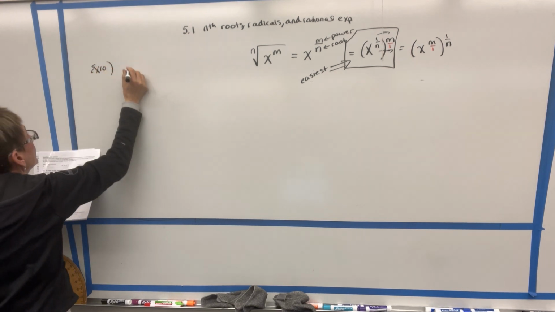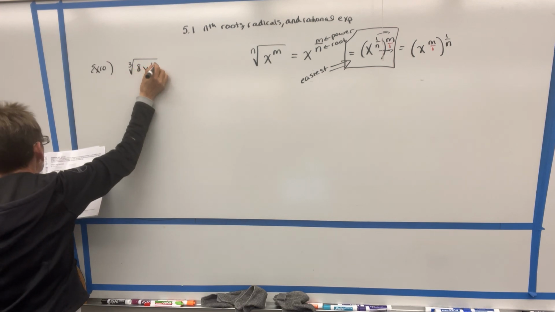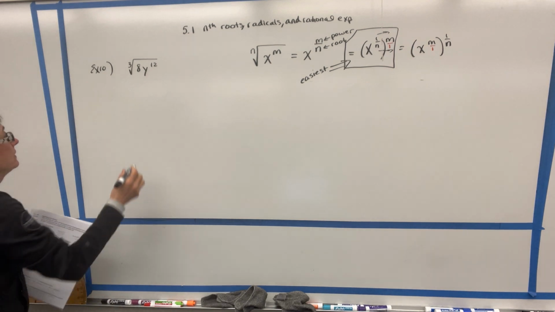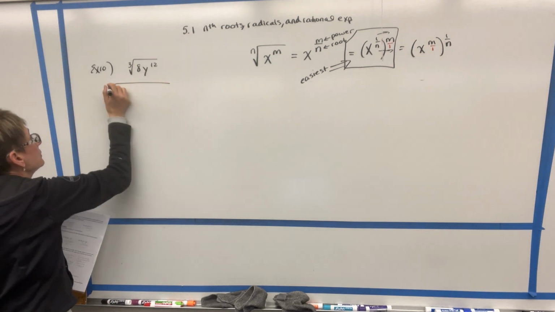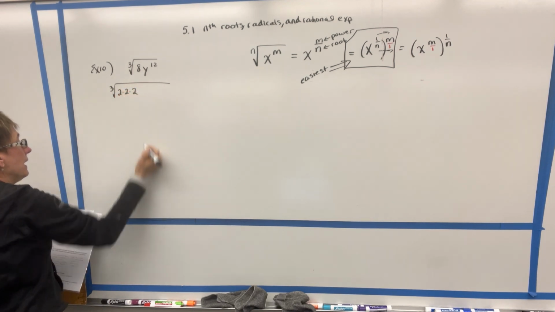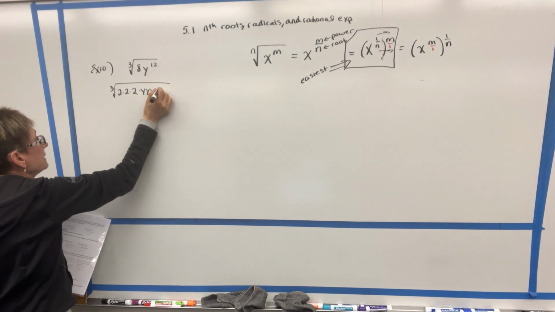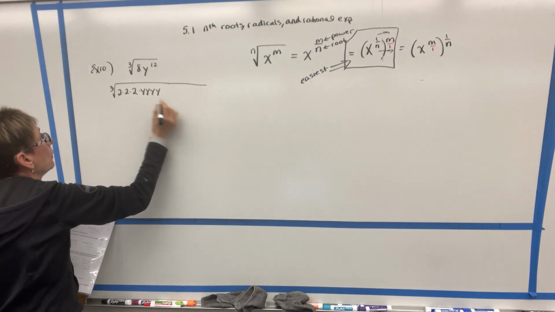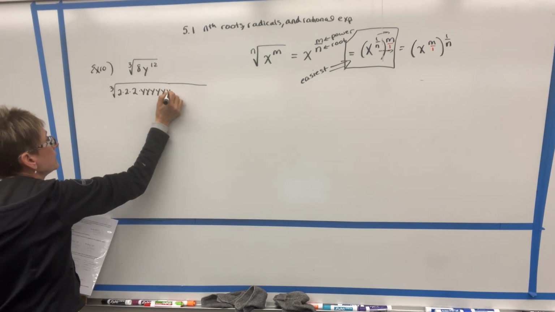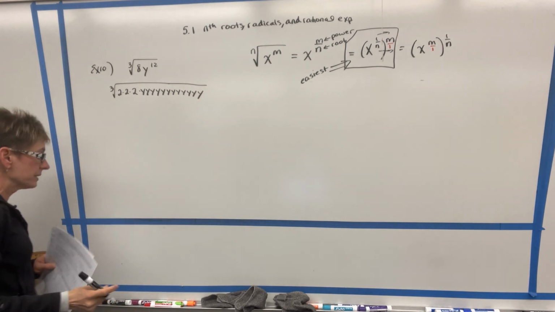Let's say I've got the cube root of 8y to the 12. Now for me personally, I just have to be honest with you, I'm a super visual learner. So even though I teach math, I like to write this out. I write 8 as 2 times 2 times 2, and it only takes a second to write down 12 y's.